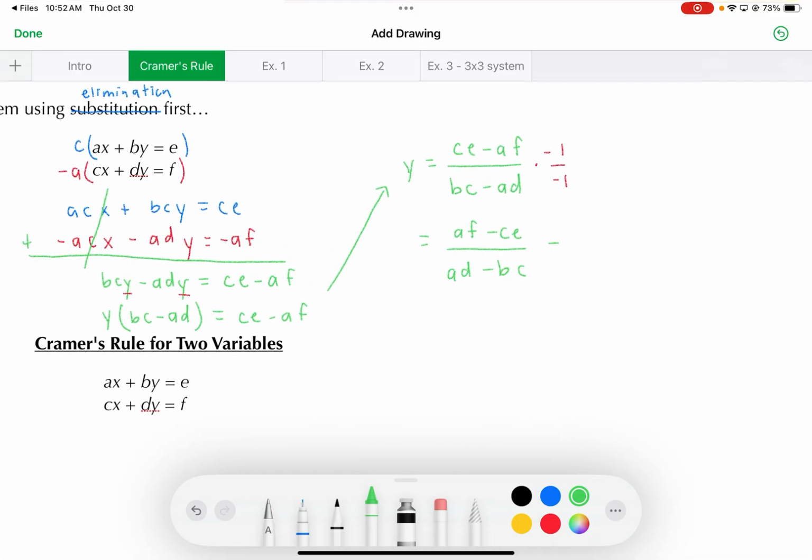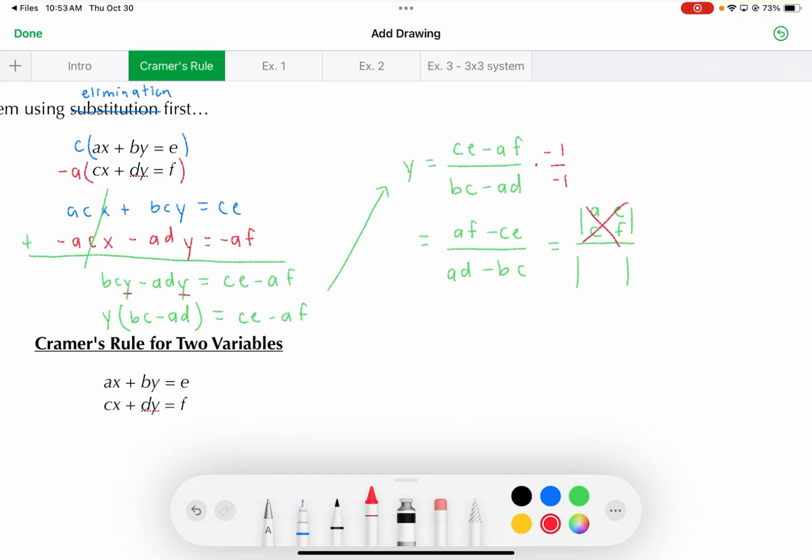And I'm going to think of this now in terms of if it came from a second order determinant, each of the numerator and the denominator. So if the numerator is AF minus CE, that would have been found off the second order determinant AE in row 1, CF in row 2, yes?